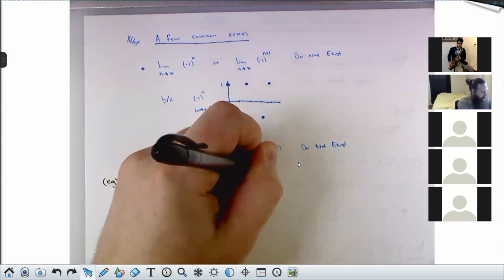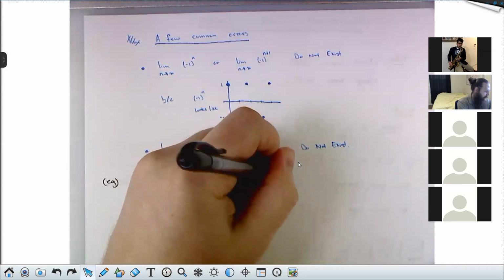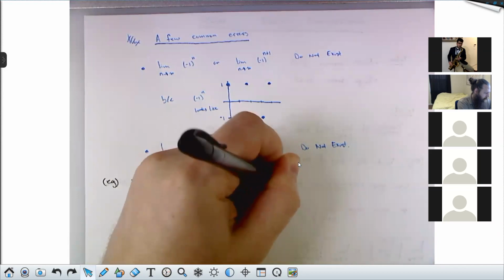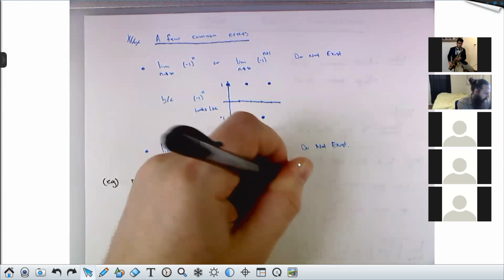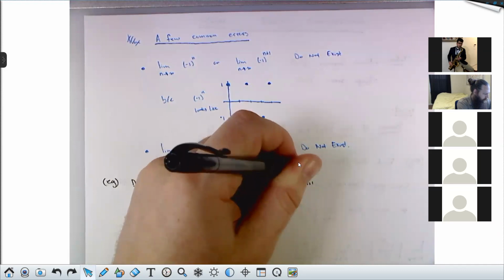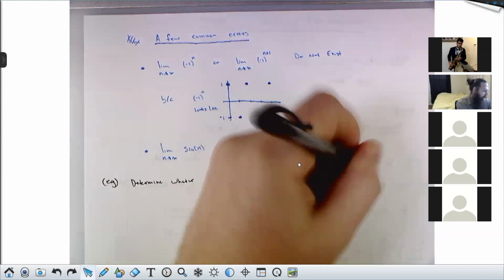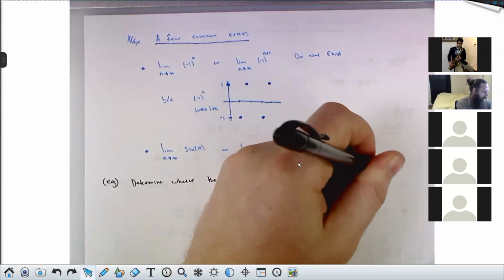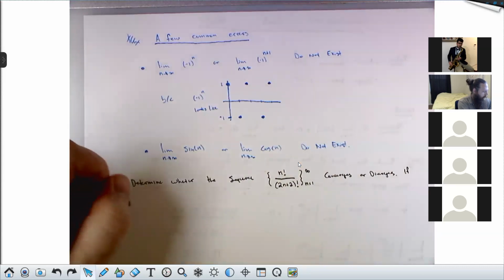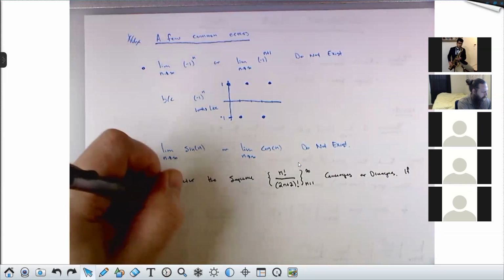Determine whether the sequence, and I'll write it in the braces notation, n factorial over 2n plus 2 factorial, where n goes from 1 to infinity, converges or diverges. If it converges, state the limit.